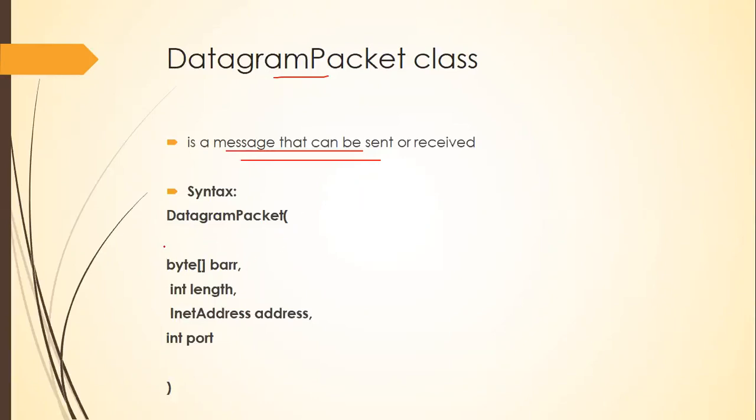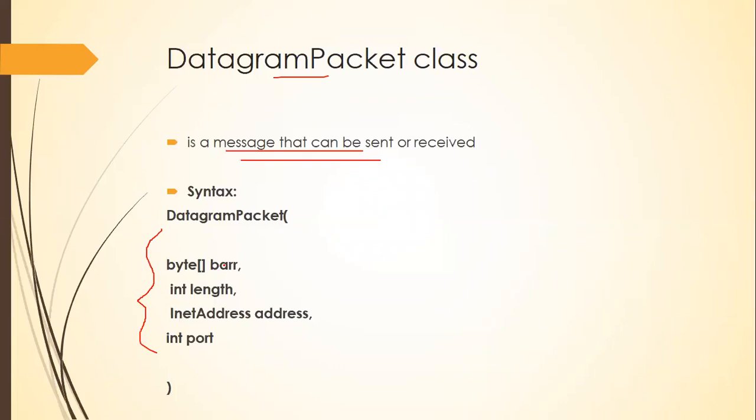Now, for the datagram packet, please have the syntax down. You will have 4 arguments. The first argument will be a byte array. You will be transporting things as a byte array. The second will be the length, the length of the array.